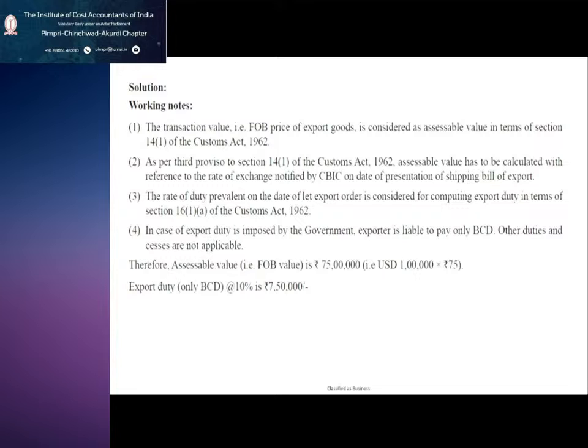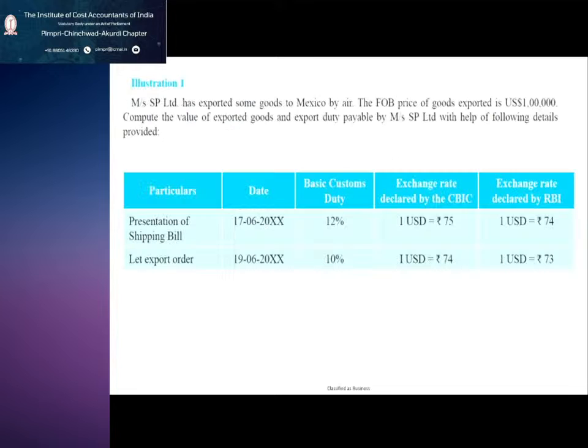Second thing, which customs duty rate do we need to consider: presentation of shipping bill or the LET export order? Generally this is going to be our final process, so the last date, or we can call it the latest date, on which we have the customs duty.